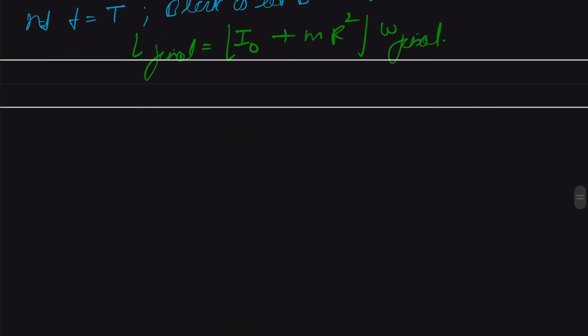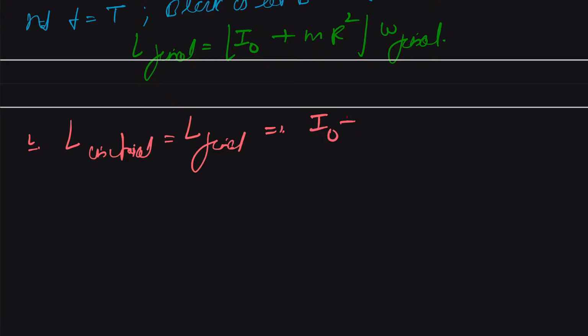Now we can use the conservation and say that L initial is equal to L final. So we get from here that I naught plus m r square, times omega final, is equal to I naught times omega naught.